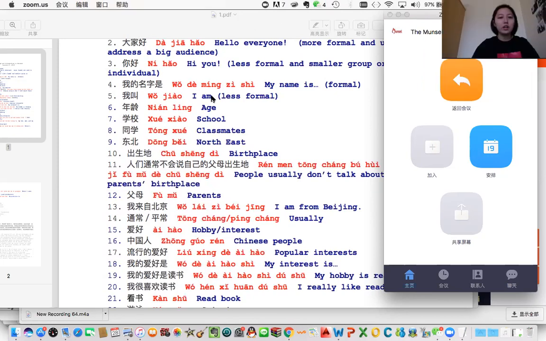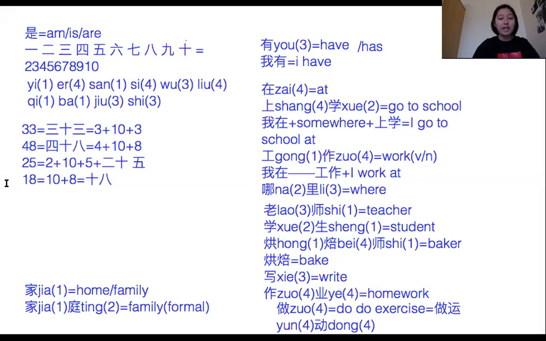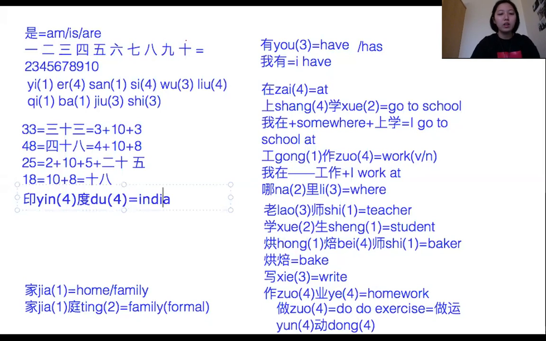Because some of you are not here, I don't know exactly where you come from, but we've got several countries, like 印度 is India, and we also have Russia, 俄罗斯 is Russia.